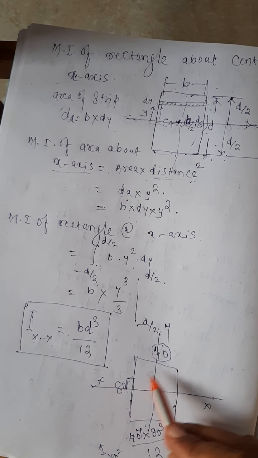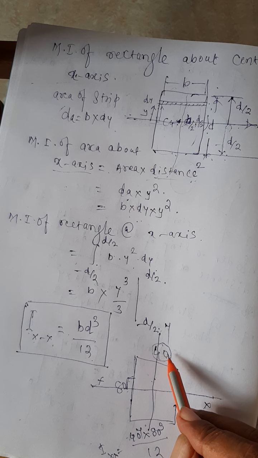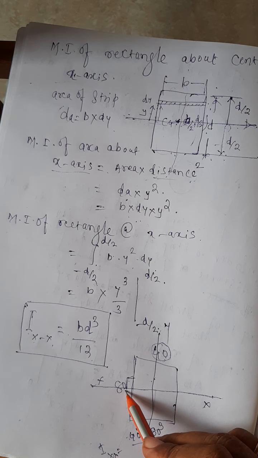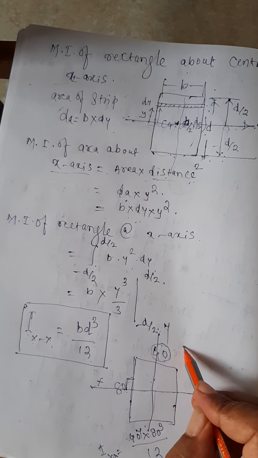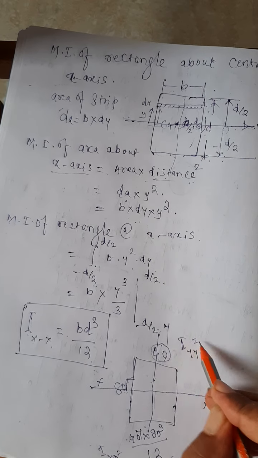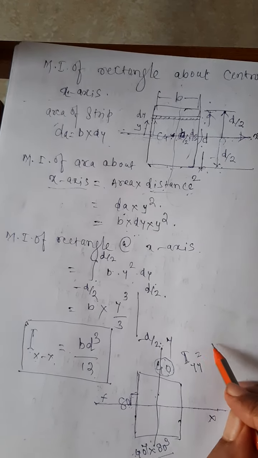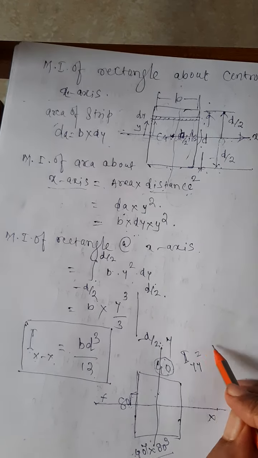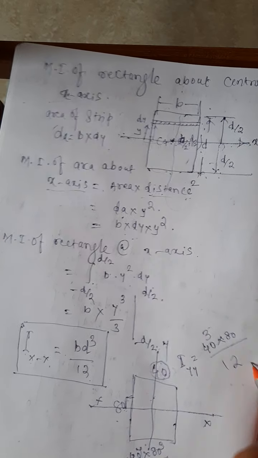Whichever is perpendicular is taken as cube, and whichever is parallel is taken once. Therefore, the moment of inertia about the YY line is 40 cube into 80 divided by 12.